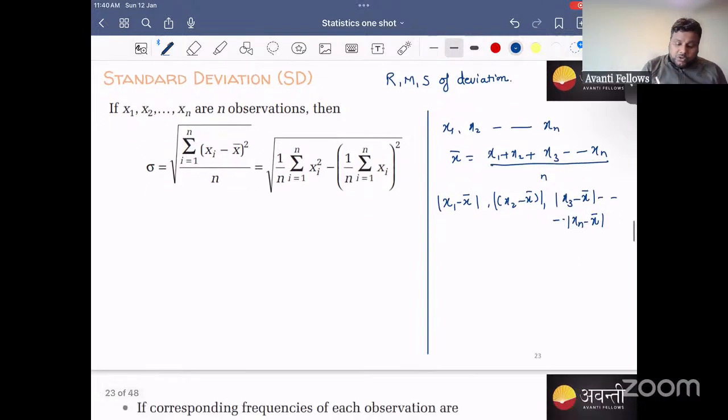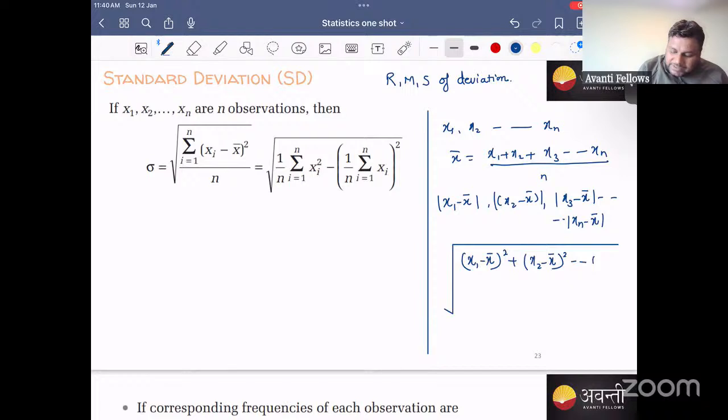Now root mean square: under root of the mean of squares, that means (x1 minus x bar) whole square, (x2 minus x bar) whole square, and so on, (xn minus x bar) whole square, whole divided by n.